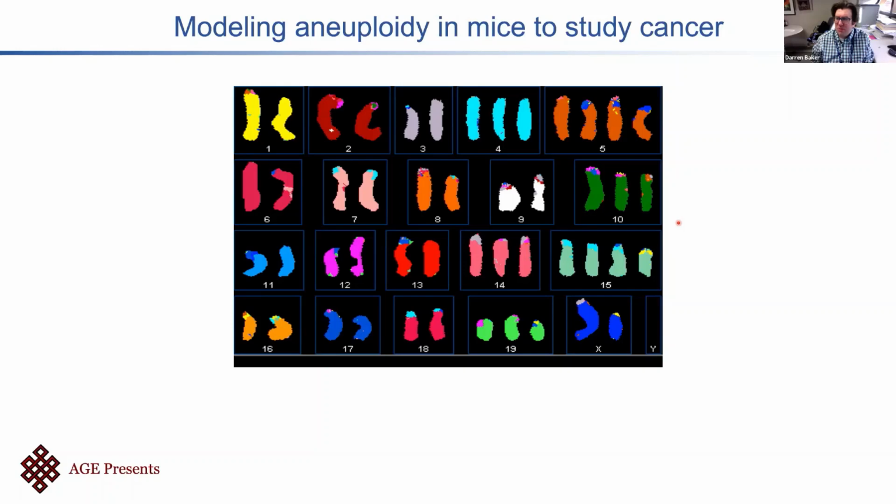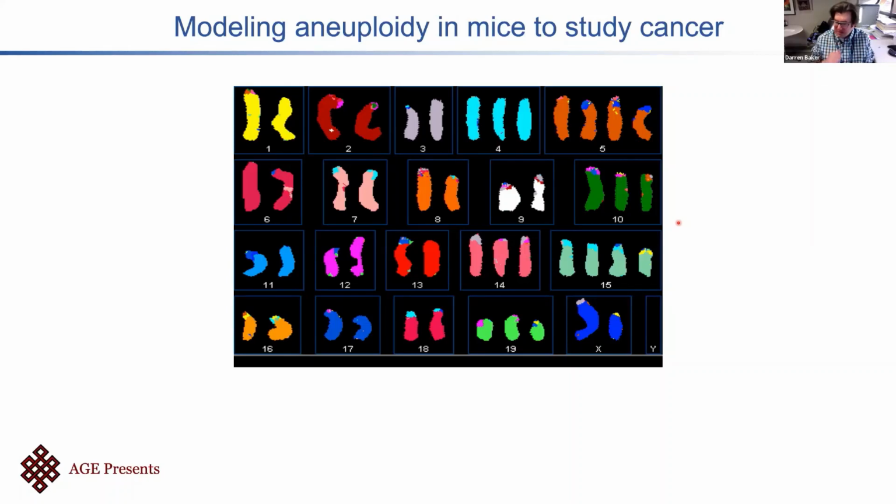We were trying to design mouse models to get this aneuploid state, to ask: is aneuploidy sufficient to drive tumorigenesis? Pretty simple, straightforward question, and an old question in biology, about 140 years old.